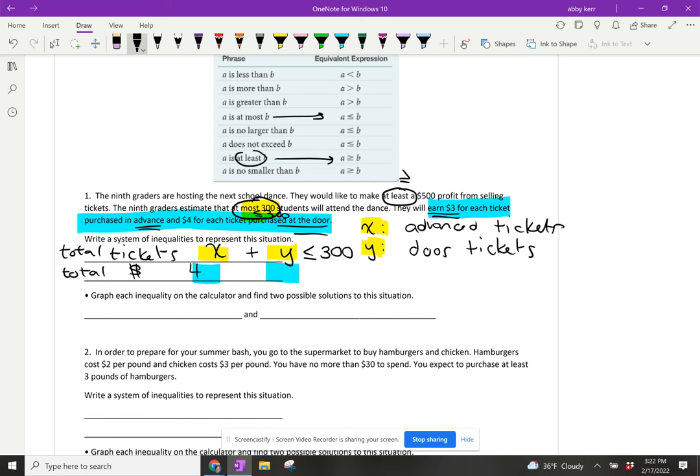That should be a 3. $3 in profit for advance tickets plus $4 for the door tickets. Now, this is crucial. This is really important. How much money do they want to make? It's this one right here. So they're looking for at least, which we already found out was greater than or equal to 500. For this part, we're going to skip.